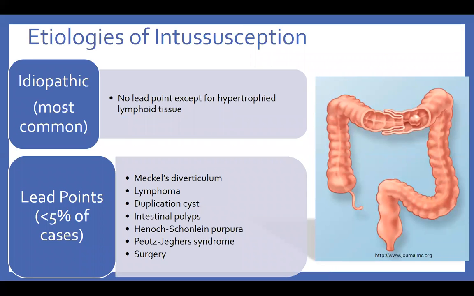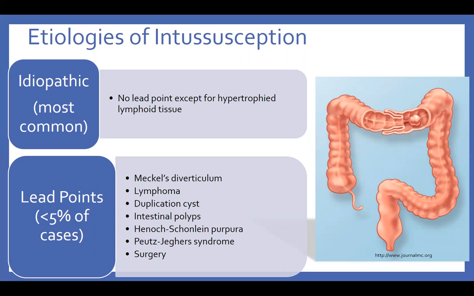Now I'm not going to spend too much time talking about etiologies and so forth. Very often when we talk about intussusception, we talk about what is the cause of it. You'll hear healthcare professionals talk about lead points causing it, or no lead points, or that it's idiopathic.